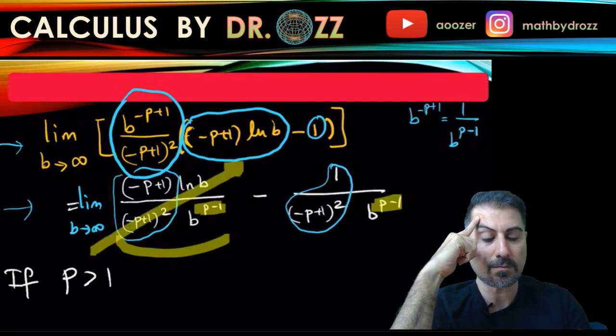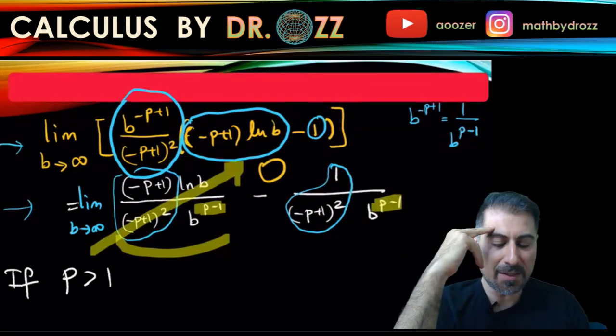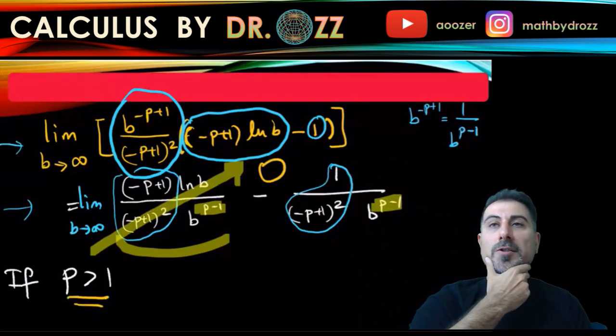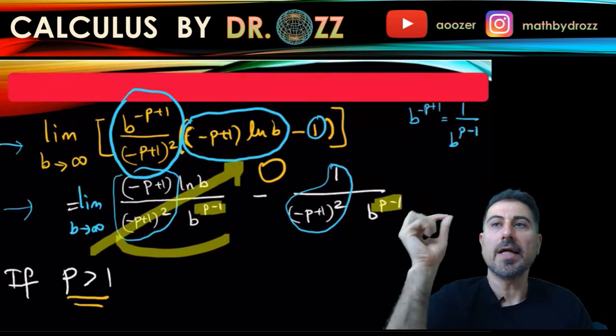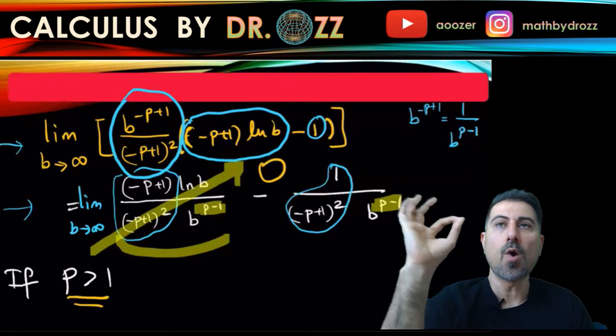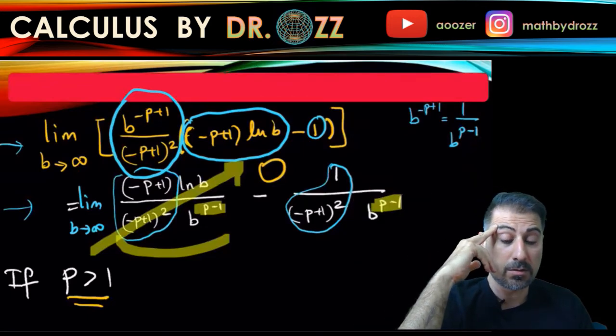Whenever p is strictly greater than 1. If p is 1 or if p is less than 1, the limit is just infinity, so everything diverges. So p has to be greater than 1 for the first term to converge to 0.